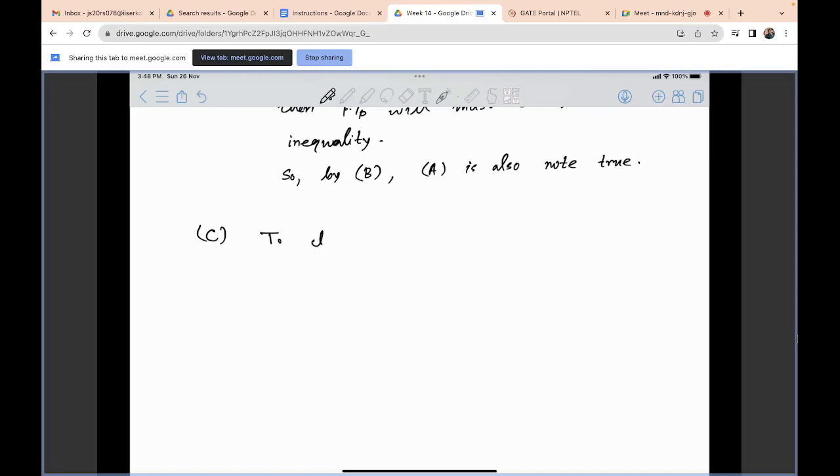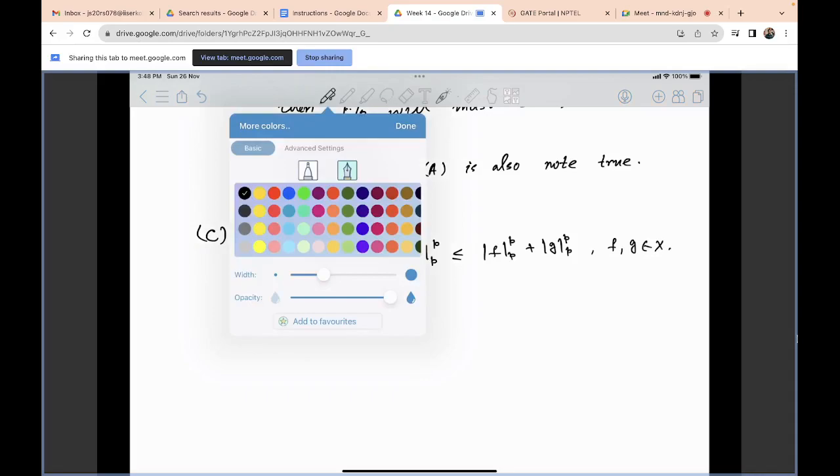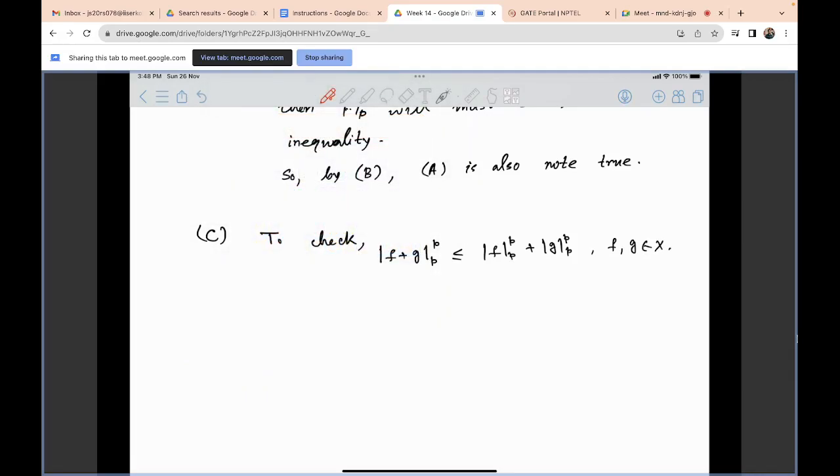To check for f plus g next, we'll show this is true. So first we'll prove one result.